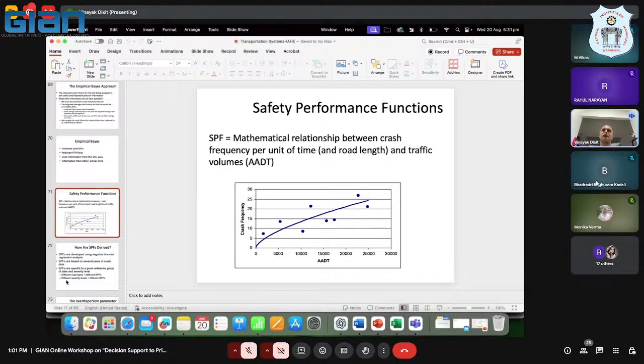When I was in the US, I used to always complain, oh my God, data is such a big problem. Then I came to Australia, I was always complaining about data. Then I started working in India. And there's one constant: getting the right kind of data you want is always hard. But you will get some data and you have to make the best of it. That's how you need to look at it.